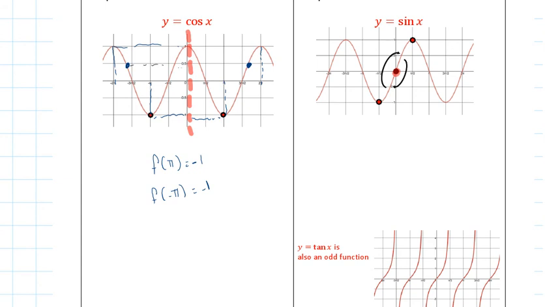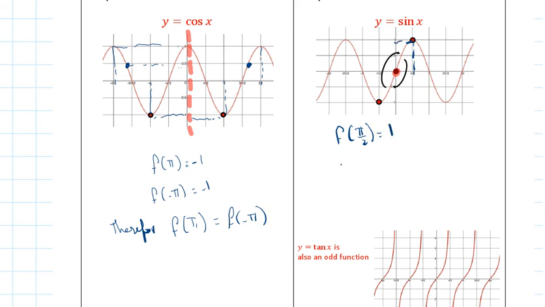So this is telling me, therefore, f of pi is equal to f of negative pi. All right, which means it's an even function. Now you can't test it with just a point, but it works here. If I'm looking at the sine function and I'm looking at f of pi over 2, f of pi over 2 is equal to 1, and f of negative pi over 2 is equal to negative 1.